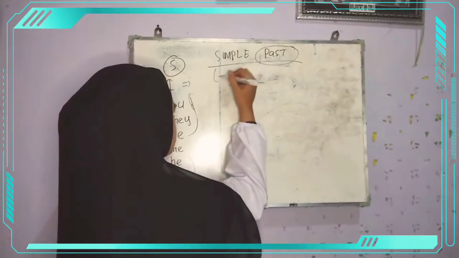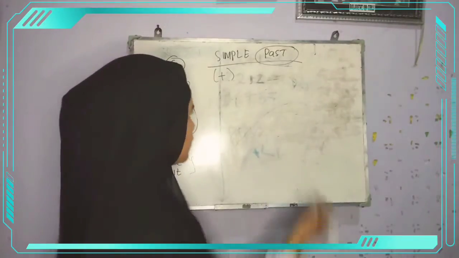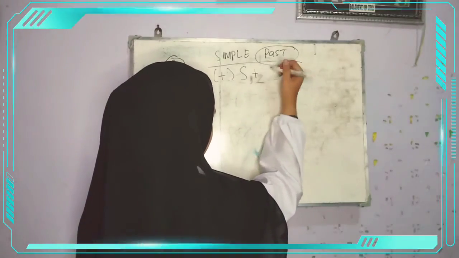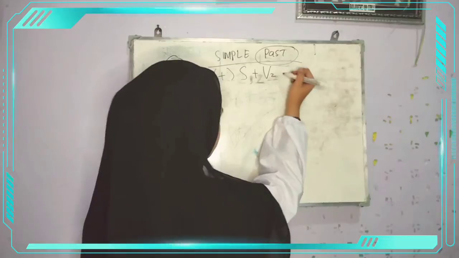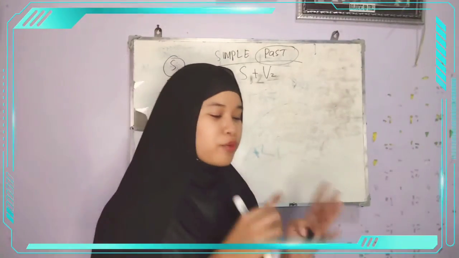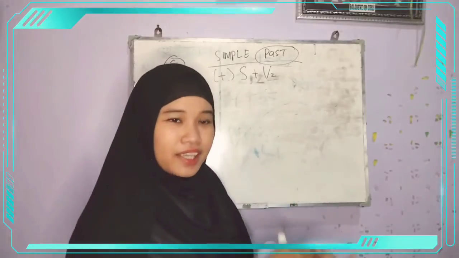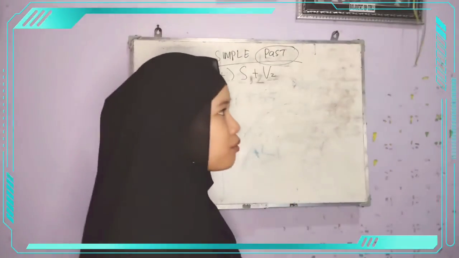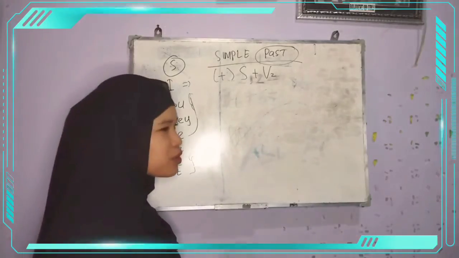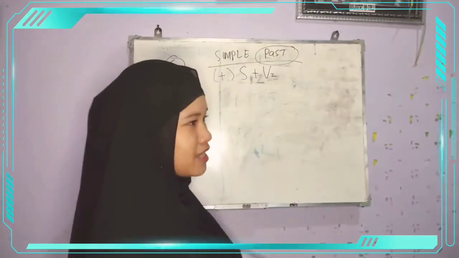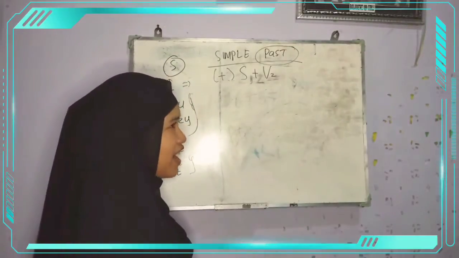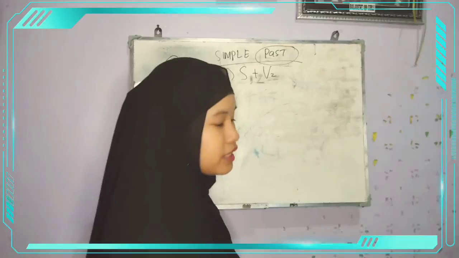For the positive pattern: subject, then verb 2. Okay, you met verb 1, verb -ing, and now you meet verb 2. What is verb 2? I'm really confused, miss. Alright guys, you have to memorize the verbs in the dictionary.